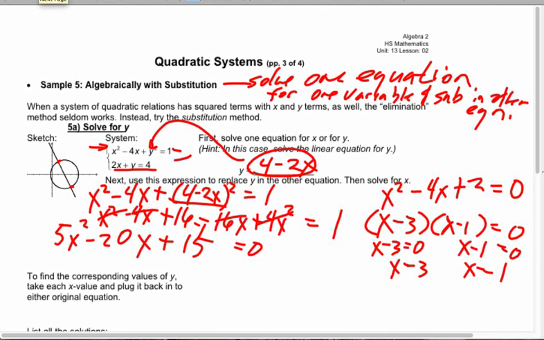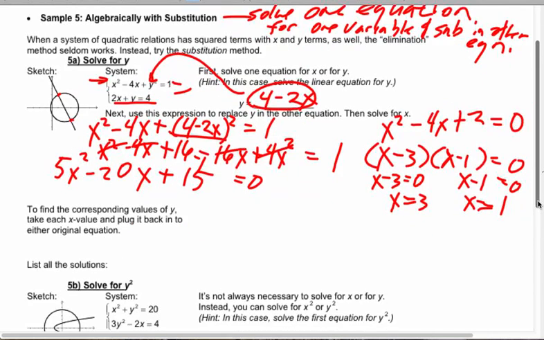Okay, and there are my two values of x. Now, we still don't have our points of intersection. We need to get the y values. So we take these x values and we plug them back in up here. So I'm going to have 2 times, and I'll start with this one, 3 plus y equals 4, which gives me 6 plus y equals 4. Subtract the 6, give me y equals negative 2.